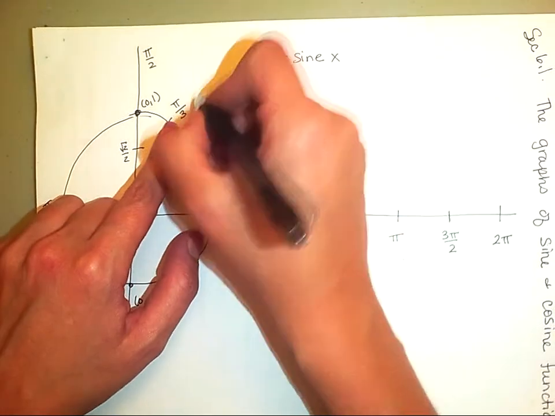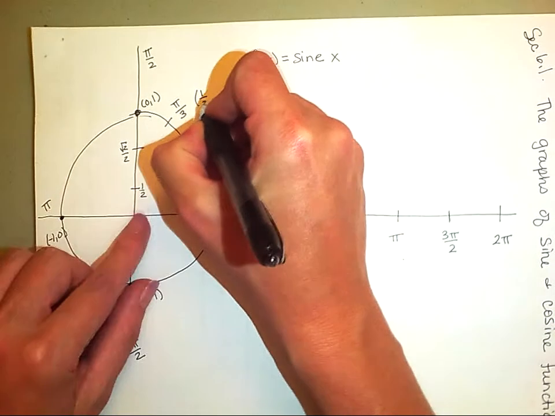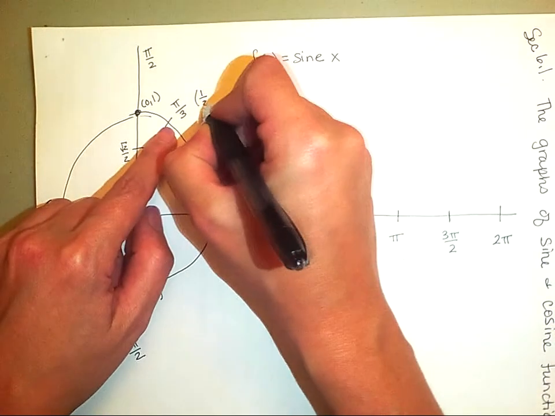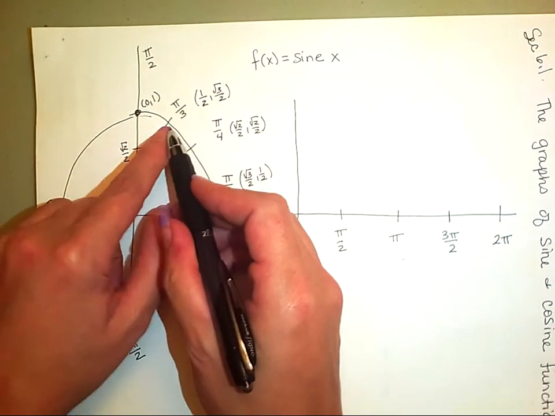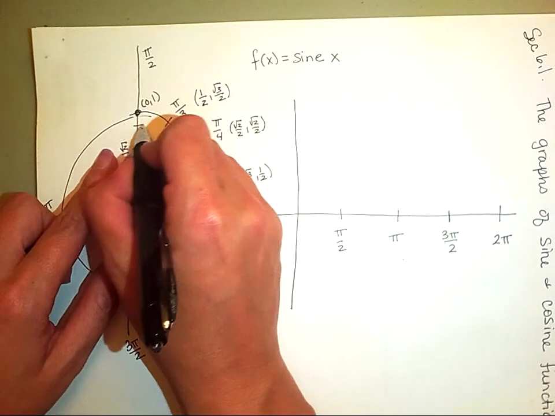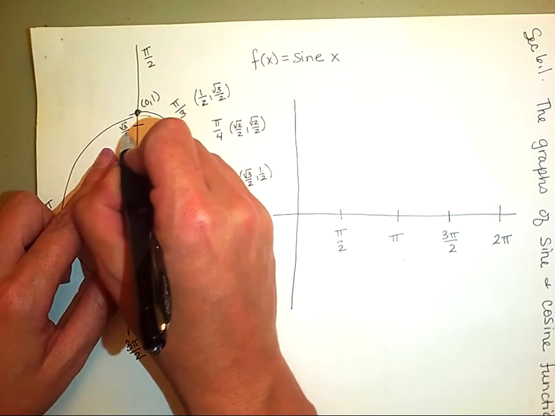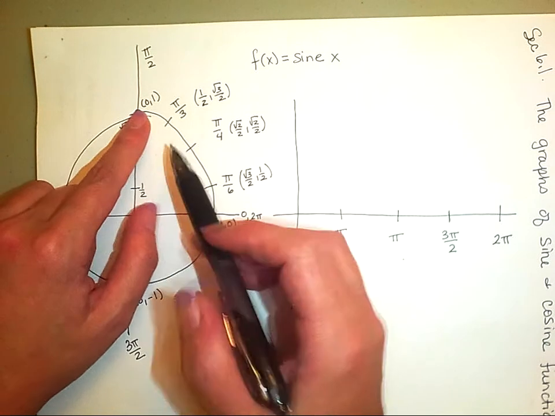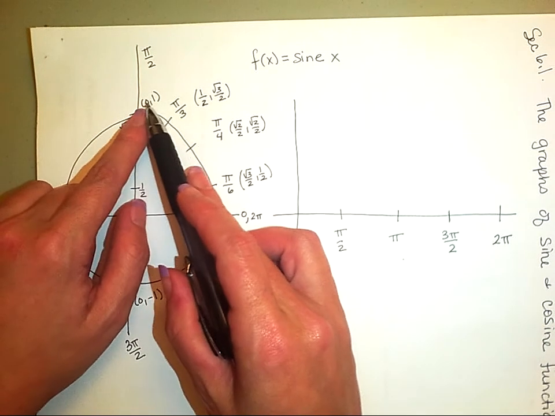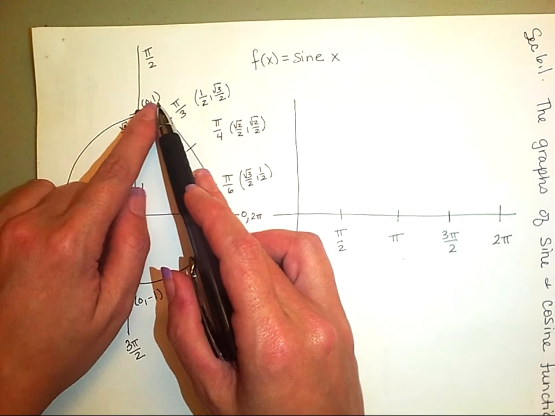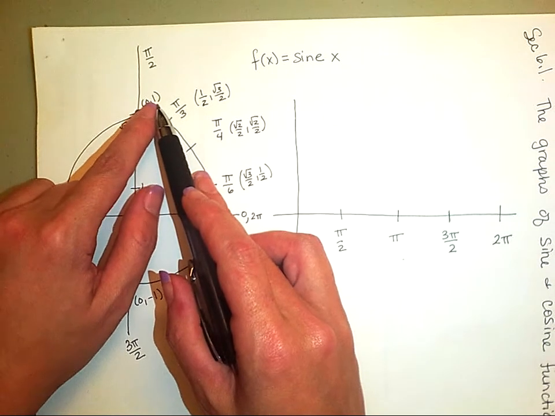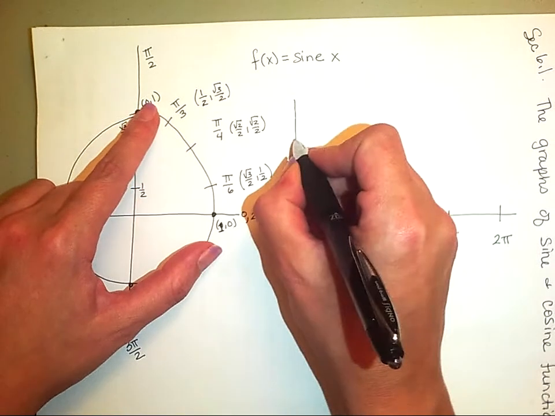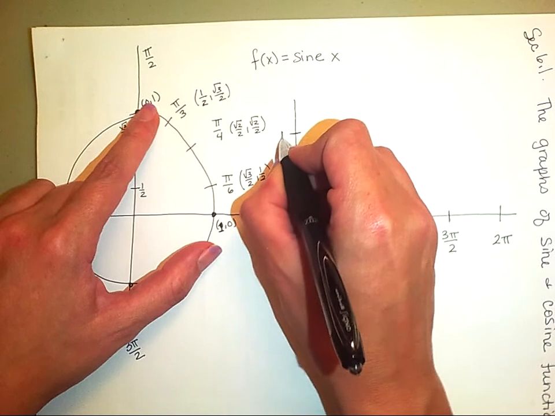As we travel along here, this is 1/2, the short side of the triangle, and then the long side, square root of 3 over 2. So here, the sine is square root of 3 over 2, until finally we get to 1, where the sine is 1. Now that is the maximum value that sine will go to. So the maximum value I'm going to put on here is 1.